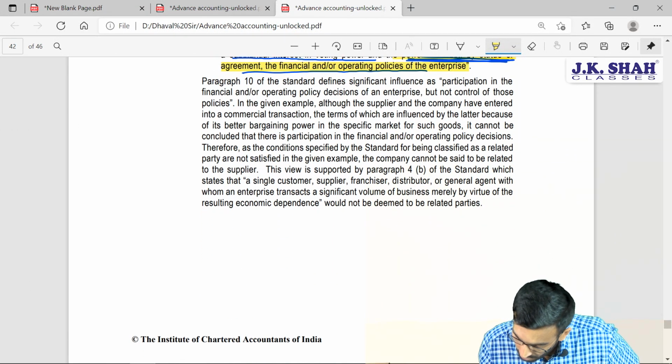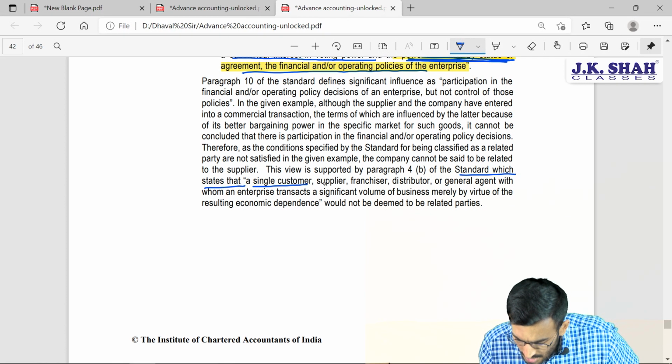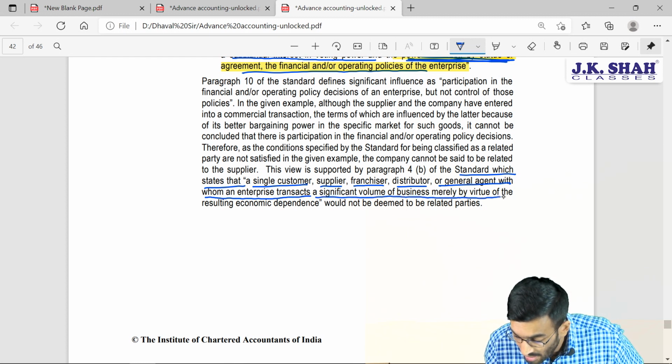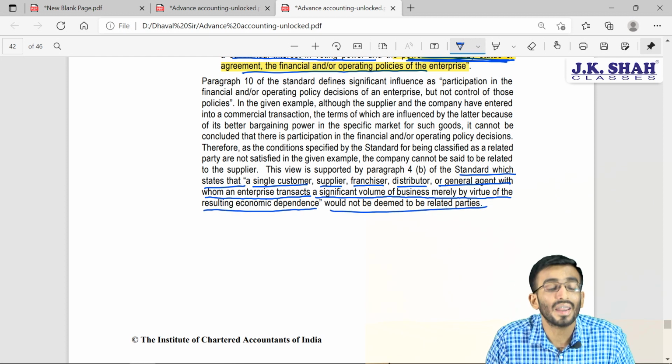Now here you can see the exception which is mentioned. The standard states that a single customer, supplier, franchisor, distributor or general agent with whom an enterprise transacts a significant volume of business only by virtue of the resulting economic dependence would not be deemed to be a related party.